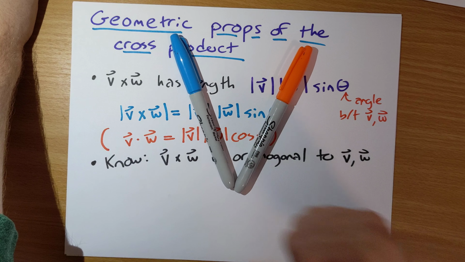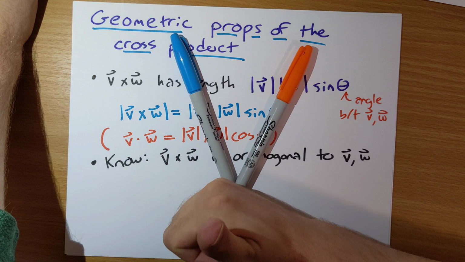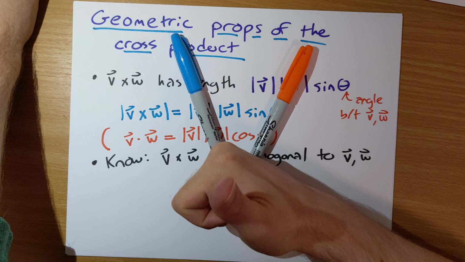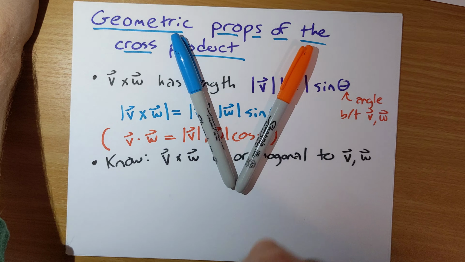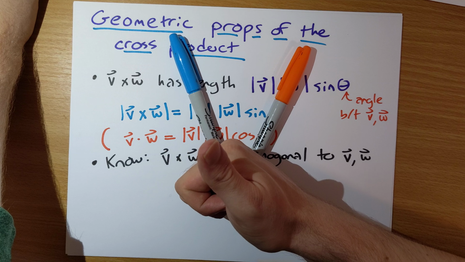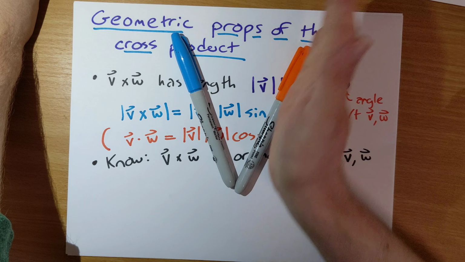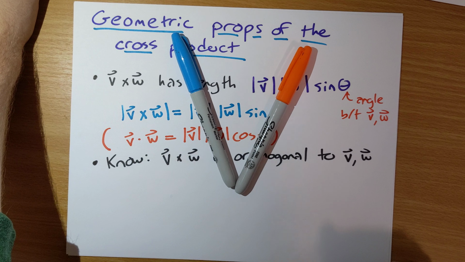So there's a particular length to V cross W, and we know it has to be orthogonal to V and W. There's a weird little perspective going on with the camera here. I'm pointing straight up at the camera. One vector that is orthogonal to V and W is the one that's coming straight up at you in the camera.